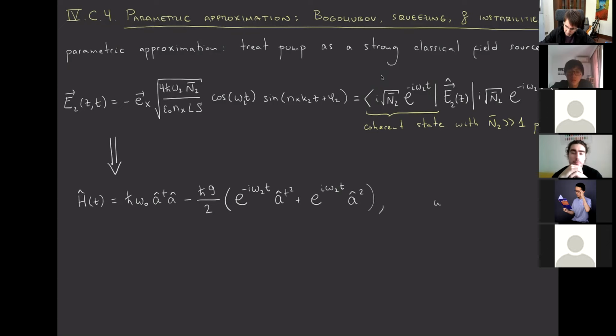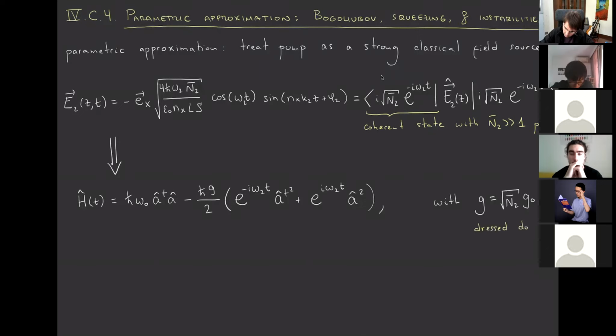So we get this with a new coupling constant that is nothing but the old coupling constant G0, the down conversion rate, but dressed by the classical photon number. So this is usually called the dressed down conversion rate, okay?